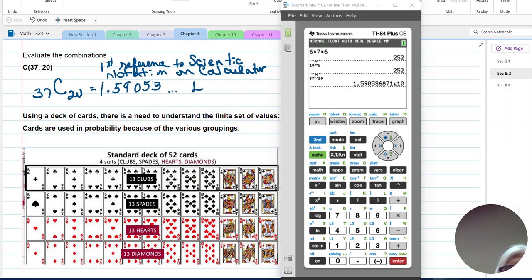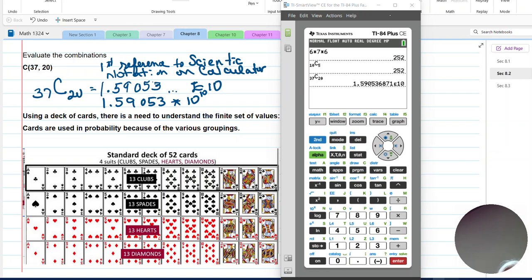And then I'll see an E to the 10. And that is what that means, exponential. So I'm going to say 1.59053 times 10 to the 10. Because it's a very huge number. All right, does everybody get it?